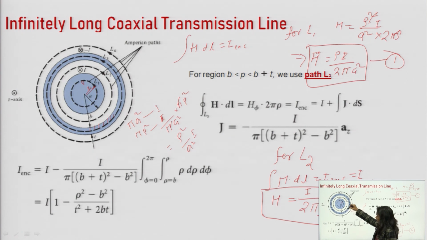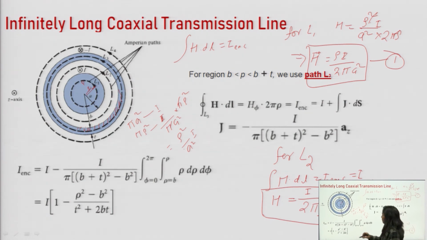So we know that in this outer conductor minus I is flowing, but minus I is flowing through this complete thickness, but we need to consider only this shaded part, because our Amperian path is in between this. So here you can see that J in this case is this much.